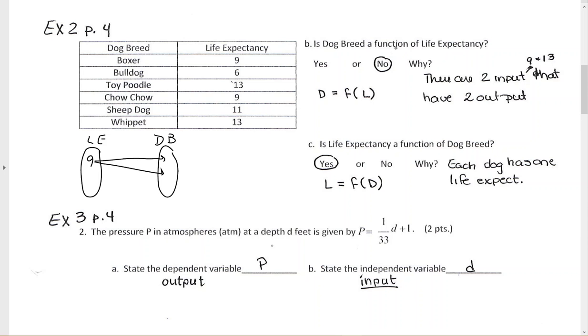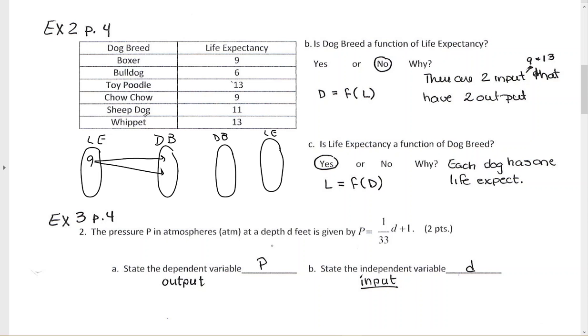Whatever comes closest to the word function of, that next word is your input. So for this one, is life expectancy, that would be the L, a function of dog breed? Well, F of D then is on the right-hand side. D is inside the function, so that is your input variable. So this time, you're listing out all the dog breeds, and the output is life expectancy.